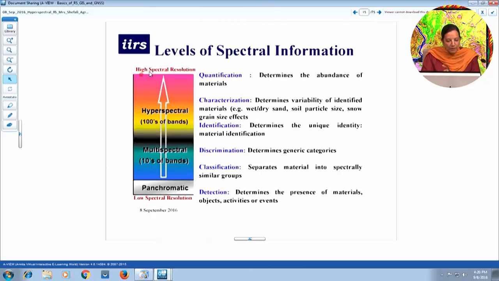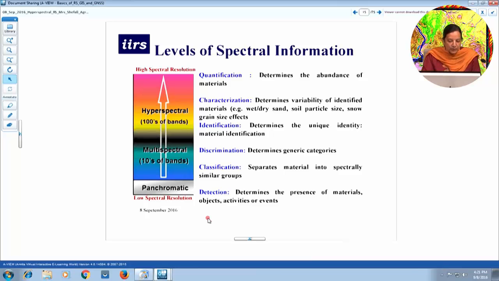And if I talk about the levels of spectral information, why do we need it, where can we correlate it? Now let us talk about panchromatic. All of you have seen a panchromatic image. What you can do is detect the presence of material, which determines the presence of an object, activities or event, but two objects may have a similar kind of appearance.